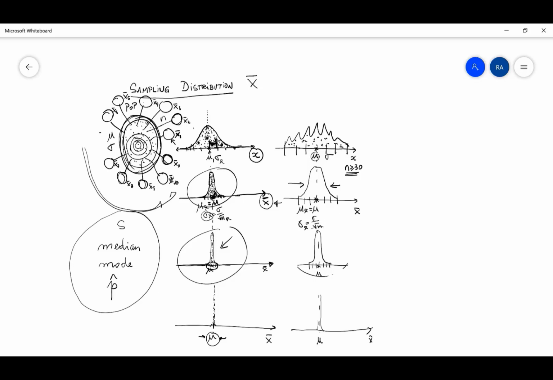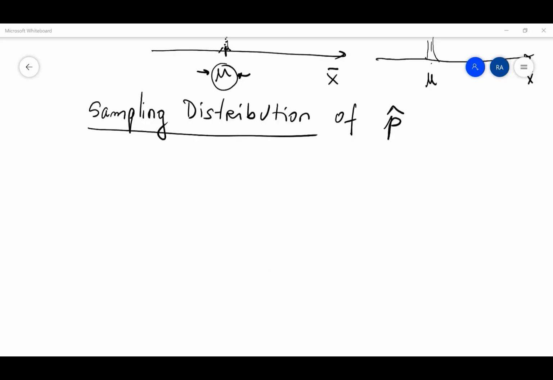In this chapter, we are going to study the sampling distribution for sample mean and sample proportion. That's it, only two statistics. For these two statistics, when the sample size is big enough, the sampling distribution of those statistics is normal. Let's study the sampling distribution of the sample proportion.